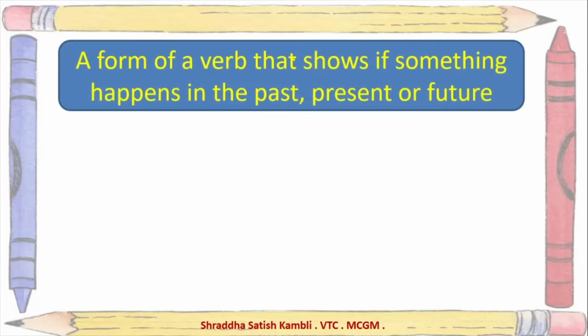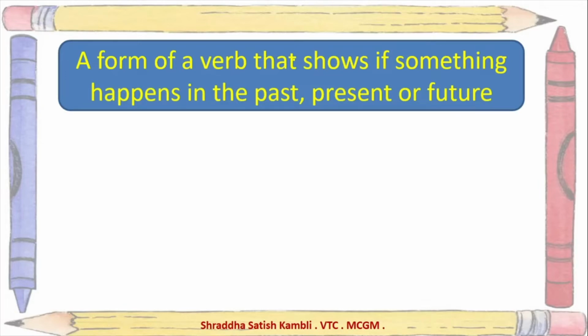So tense means it is a form of a verb that shows if something happens in the past, in the present, or the future. Okay, so a tense has got something to do with the verb or something to do with the action. And when you talk about a tense, what is the main thing that a tense denotes? The tense denotes the timeline.